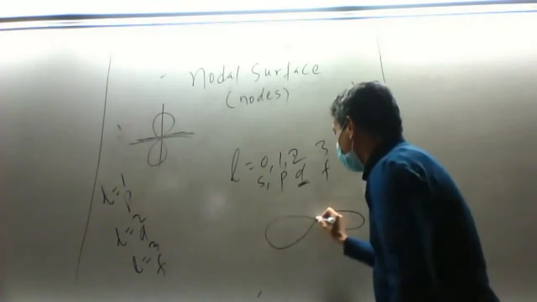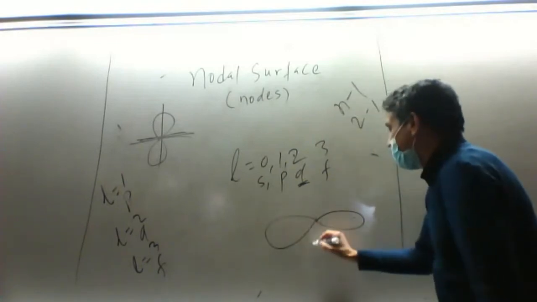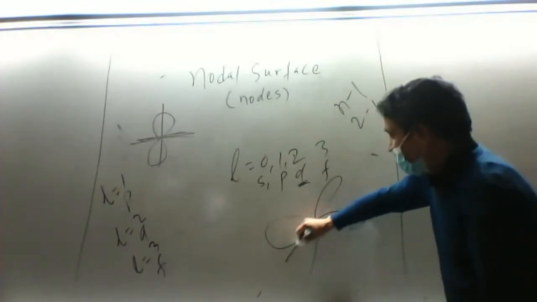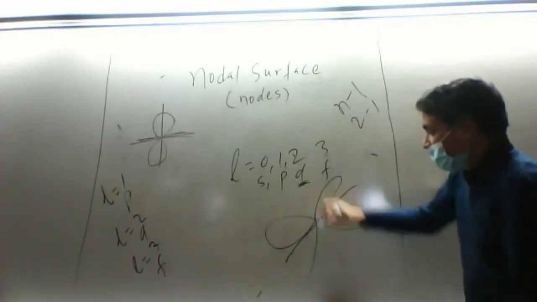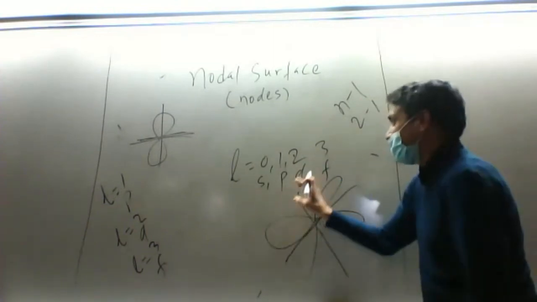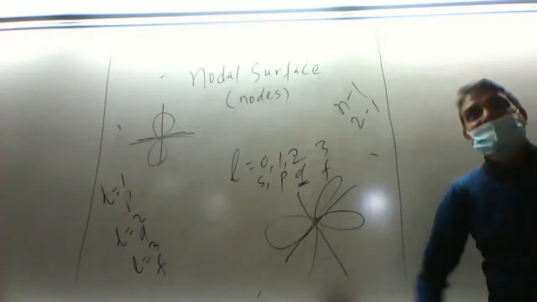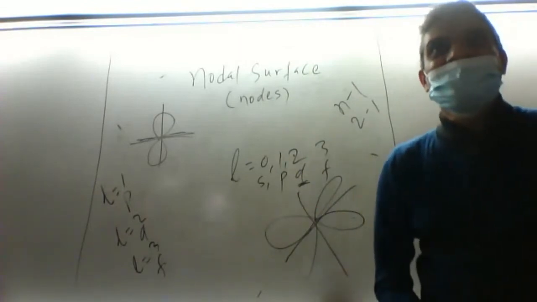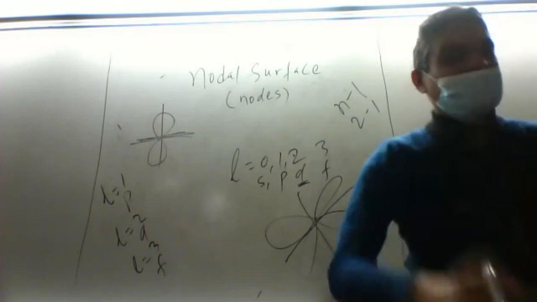You need to take one balloon, another balloon, and make another balloon here, so like 4 balloons. Now along this line, you don't get the electron. Along this line, you don't get the electron. So you see that? This is one surface, this is another surface. So in the d orbital there are two surfaces where you cannot find the electron. Make sense? Just think of it as a balloon.